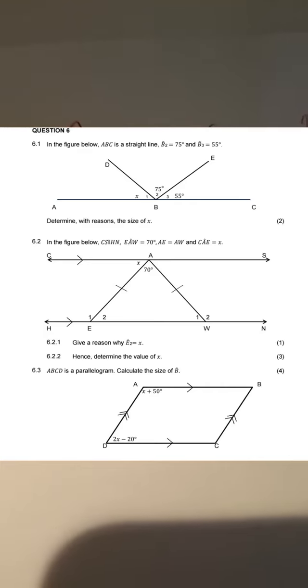Then they are saying angle EAW is equal to 70 degrees. If you look at the diagram, that 70 degrees is inserted in the diagram, so we have it, which is great.